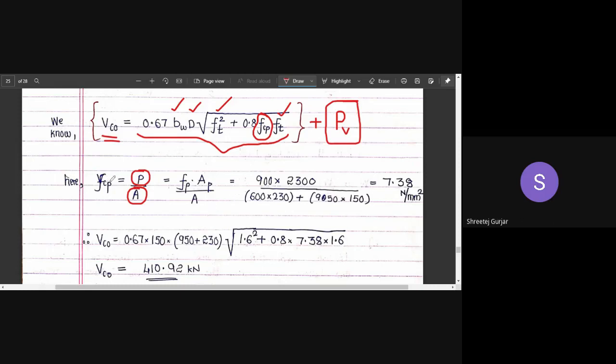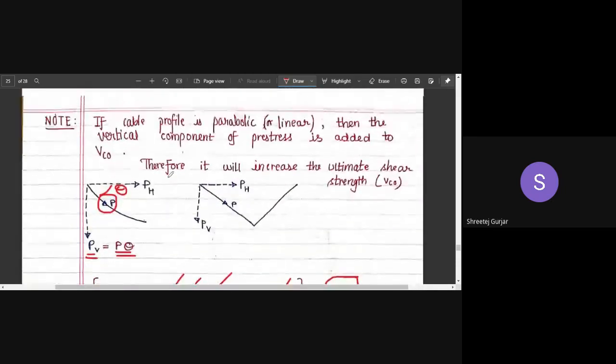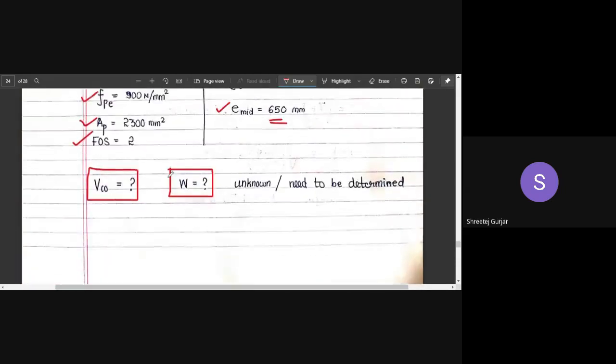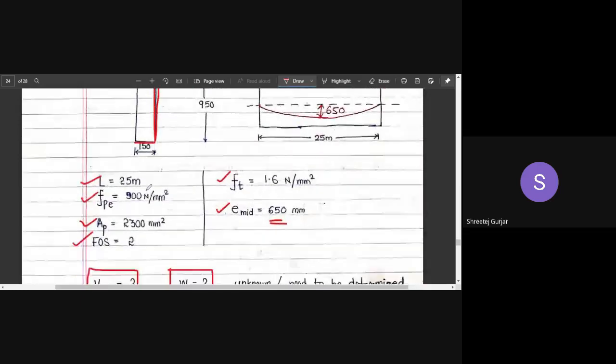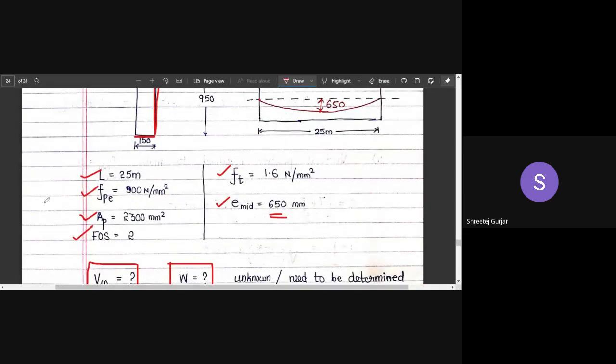Okay, so FCP. So what is P? P is not given to us. You can check in the statement whether P is given. In the given things, you can see there is no mention of P. But we have been given the effective pre-stress. We have been given the area of pre-stress, right?